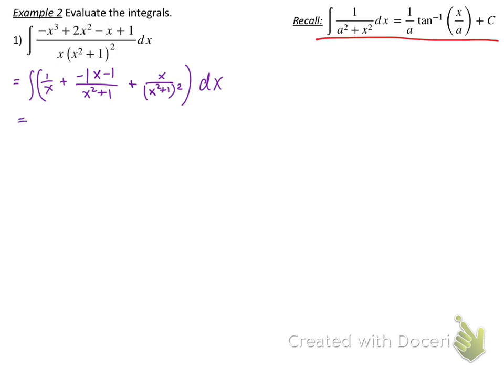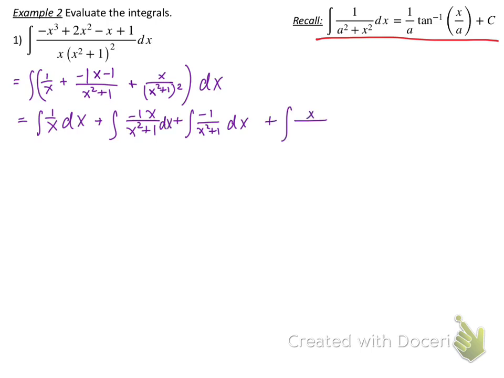Okay, so let me rewrite my integral. I have my 1 over x term, and then I have my negative x over x squared plus 1 term, and then I have my negative 1 over x squared plus 1 dx. Sorry, I missed the dx. And then I have the integral of x over (x squared plus 1) squared dx.